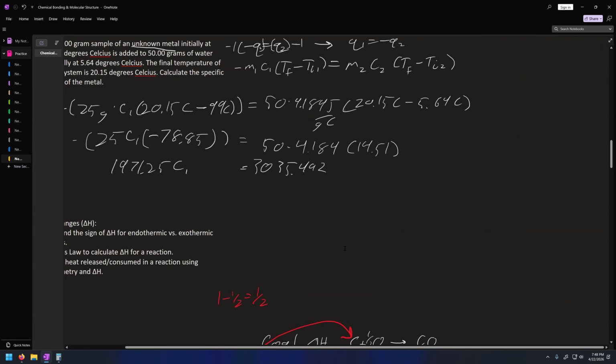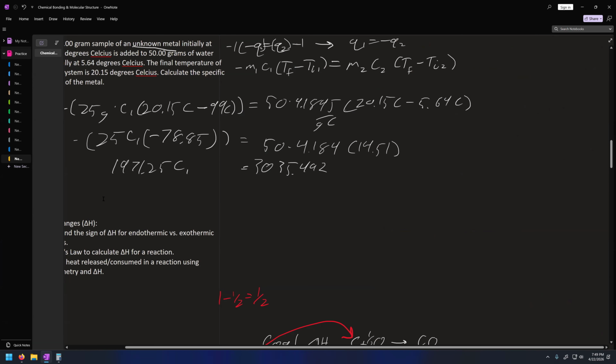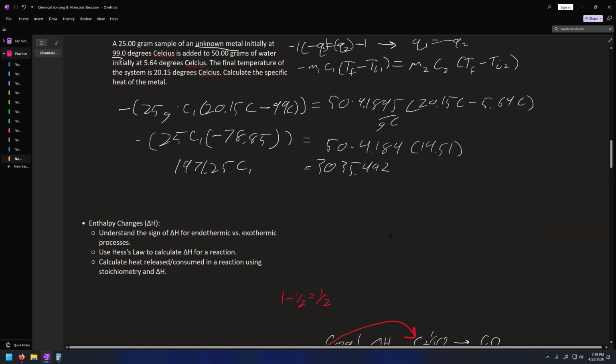Quick question. Go ahead. But doesn't that negative sign also affect the negative 78.85? Yes, so the negative 25 C1 times negative 78.85 becomes a positive 1971.25. But isn't the negative 78.85 also inside the parentheses affected by the negative sign?